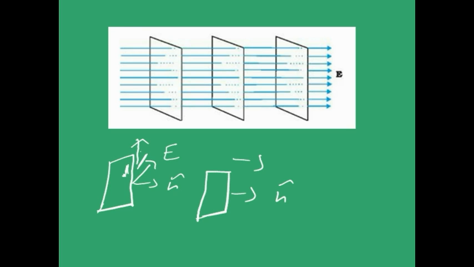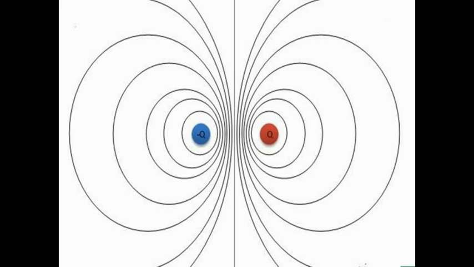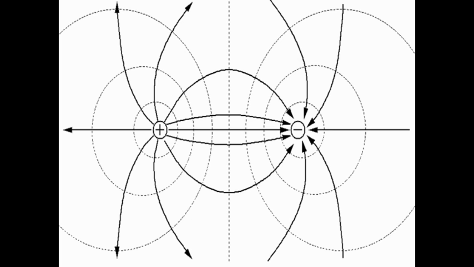Now let me give some other examples. When you have a dipole, I mean two opposite charges of equal magnitude, then these are the surfaces. The center line which you see in the middle of the screen vertically, even that is a surface. That is an infinite surface. Even that's an equipotential surface. And this is the example for two opposite charges of equal magnitude.